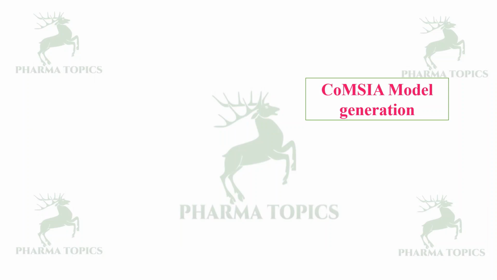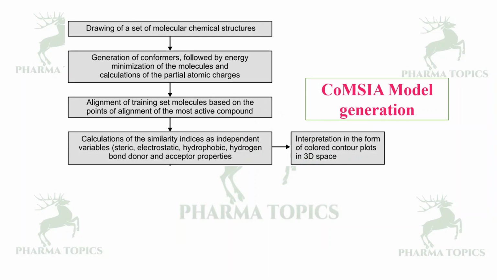Let us see the CoMSIA model generation. It will be like this: drawing a set of molecular or chemical structures, then generation of conformers, followed by energy minimization of the molecules and the calculation of the partial atomic charges, then alignment of training set molecules based on the points of alignment of the most active compound, then calculation of similarity indices as independent variables such as steric, electrostatic, hydrophobic, hydrogen bond donor and acceptor properties, then interpretation in the form of colored contour plots in 3D space.